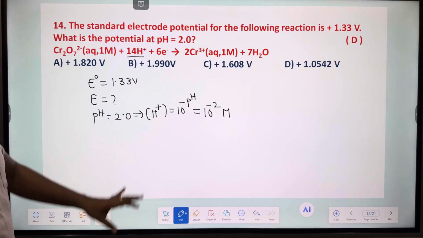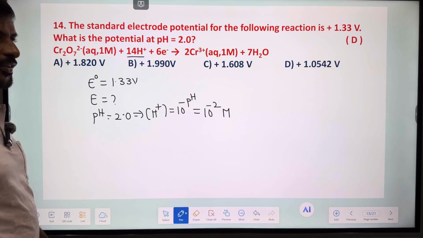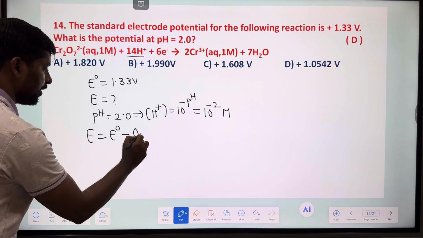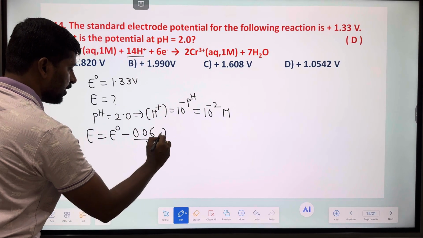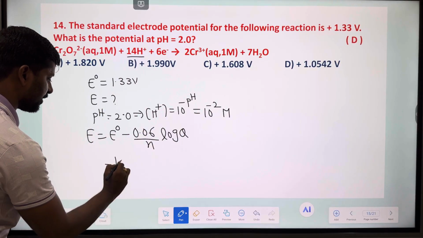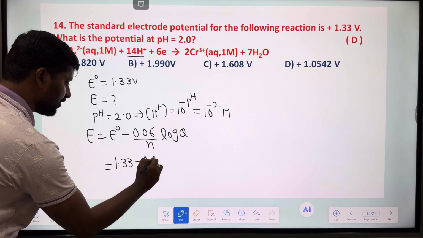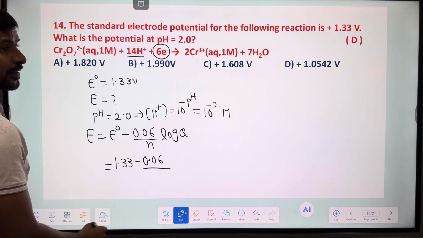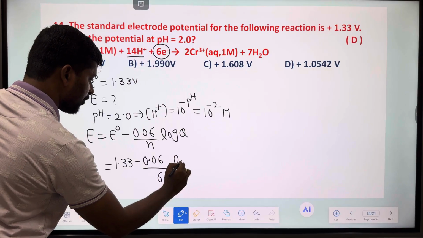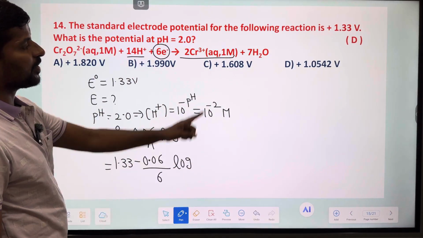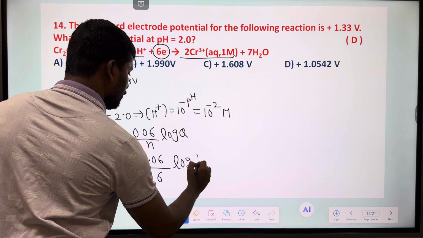Now we have to calculate the electrode potential. How the electrode potential changes with concentration is given by the Nernst equation. Apply the Nernst equation: E is equal to E naught minus 0.06 by n log Q. E naught is given as 1.33, minus 0.06 by the number of moles of electrons involved in the electrode reaction, that is 6, log Q. On the product side, Cr3+ ions, but their concentration is given as 1, so 1 power 2.